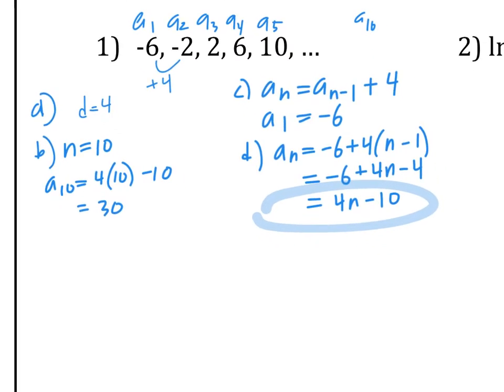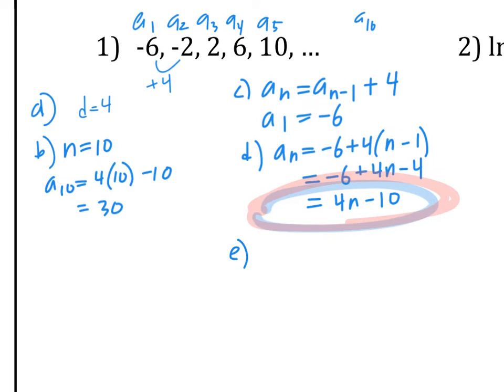Okay, last one, E. Graph it. Okay, so now when you graph this, you're actually going to graph this 4n minus 10. Now you are not going to graph it in function because this is not a continuous line. Okay, 4n minus 10 sounds like a straight line, but it is not, because n is only integers, right?